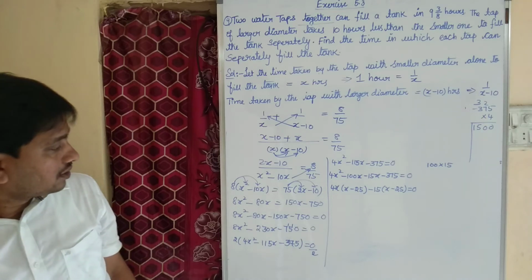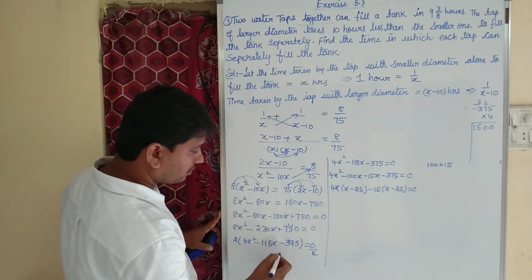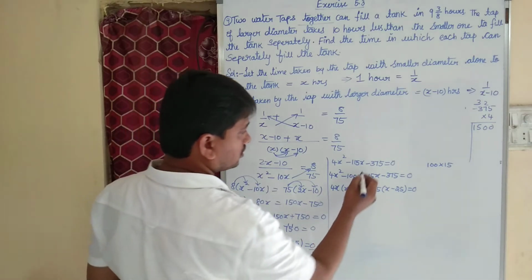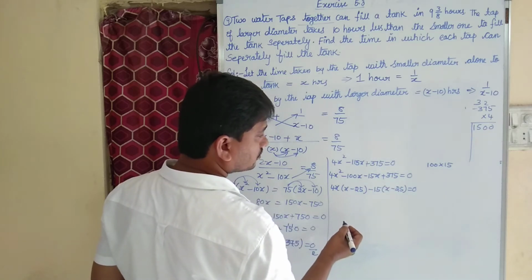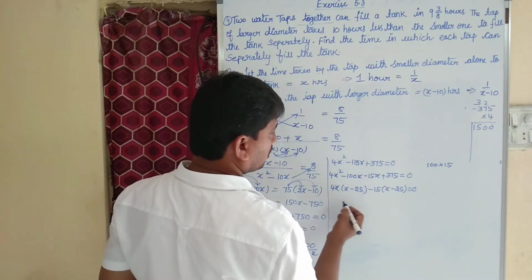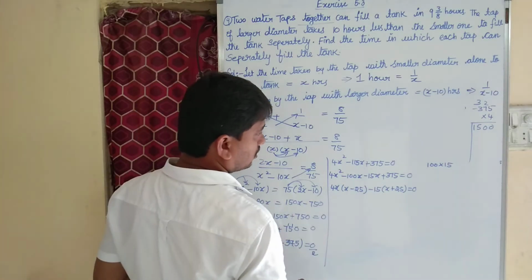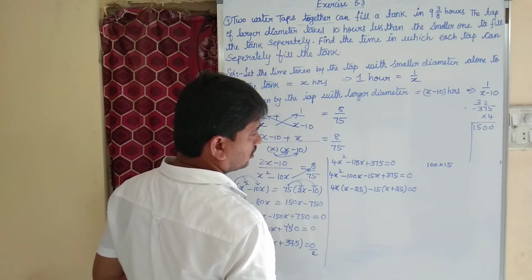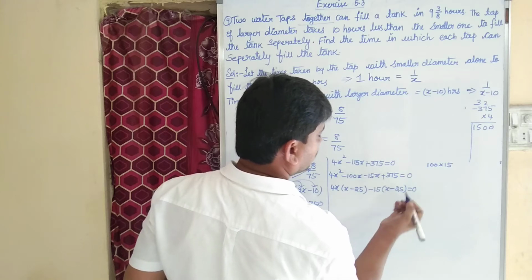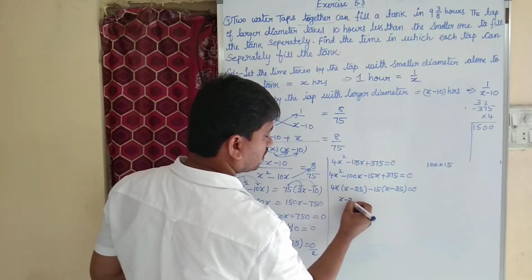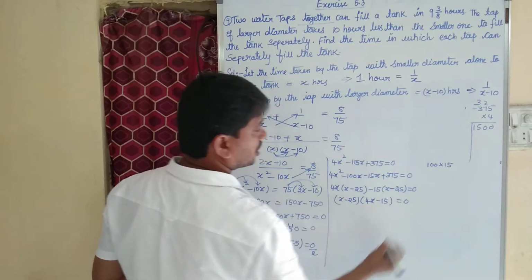The sum of the middle terms must be 115, so the correct split is minus 100x minus 15x plus 375 taking x minus 25 common. Once I take x minus 25 common, you will get 4x minus 15 equal to 0.